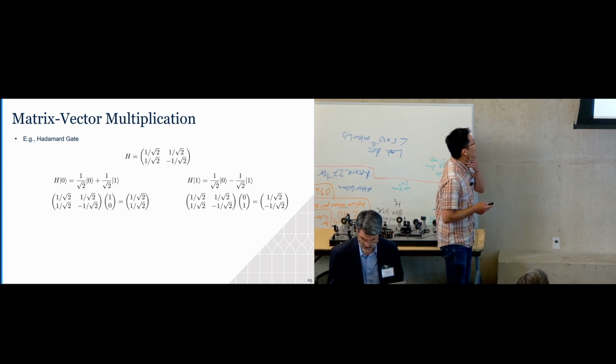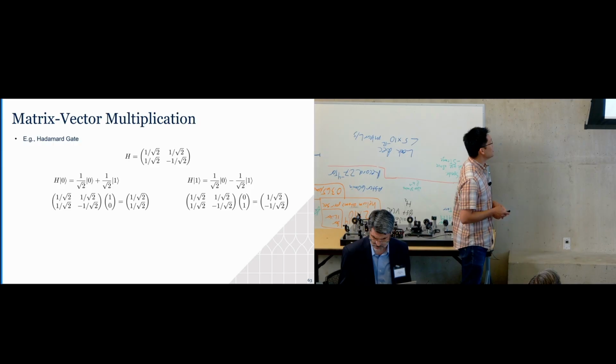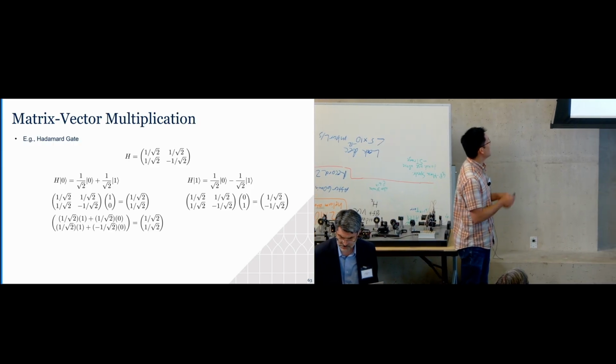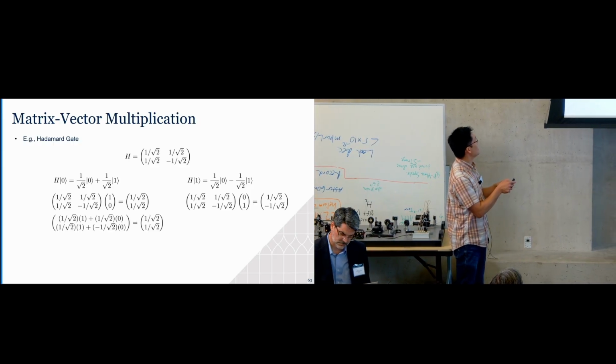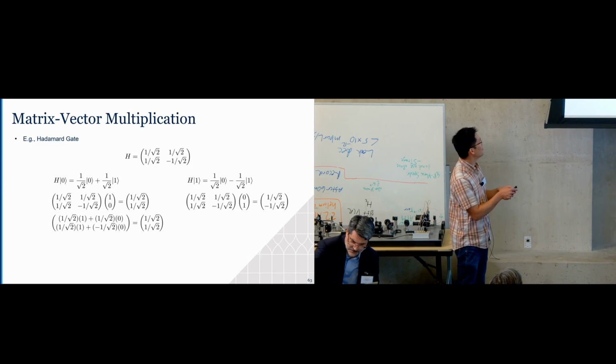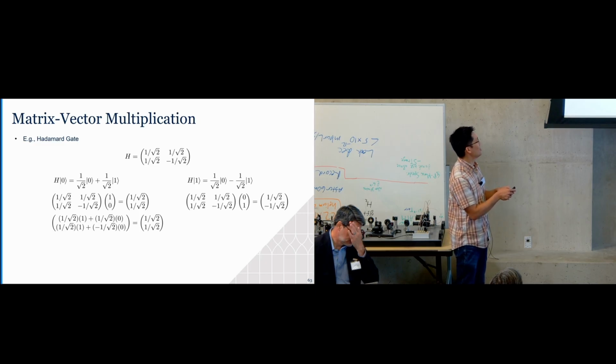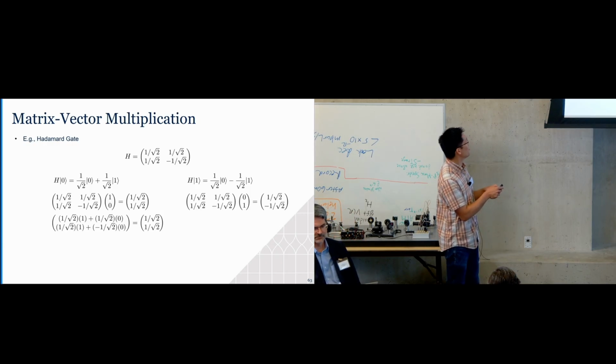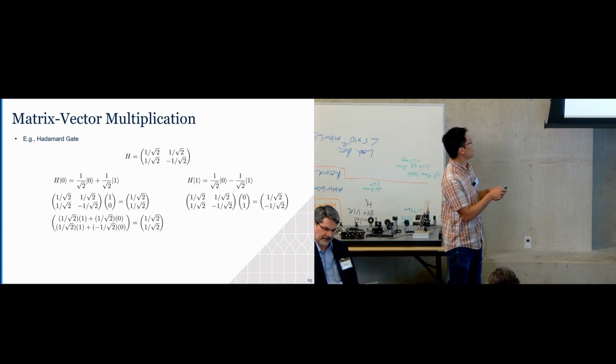Well, what we can do is we can take the elements of this row and we can multiply it piecewise with the elements of this column. So we do 1 over root 2 times 1 plus 1 over root 2 times 0. And that will give us this top entry. And similarly for the bottom row, we'll do the same thing. We'll take 1 over root 2 times 1 plus a negative 1 over root 2 times 0.